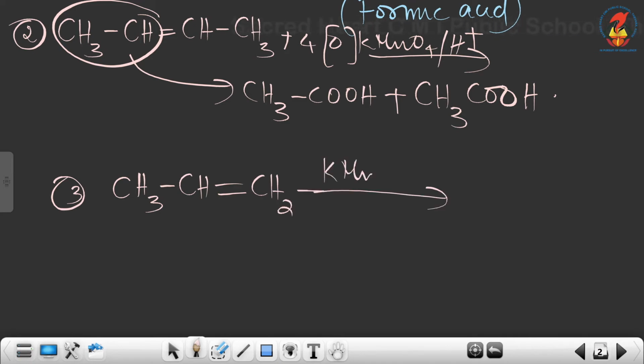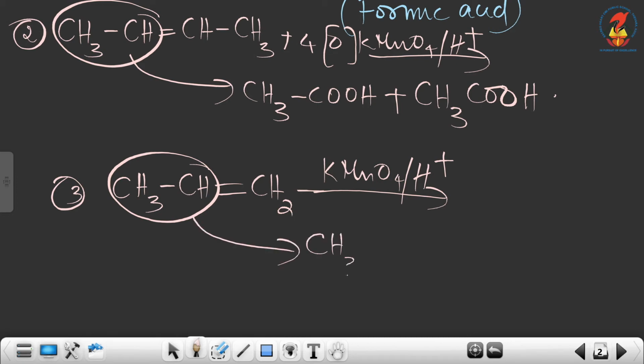Now it's just given KMnO4/H+. So again when you see KMnO4/H+ with an alkene, acidic KMnO4 oxidation is taking place. Now here you can see this side we have CH3CH. Again this double bonded carbon carries hydrogen, so the product will be carboxylic acid.